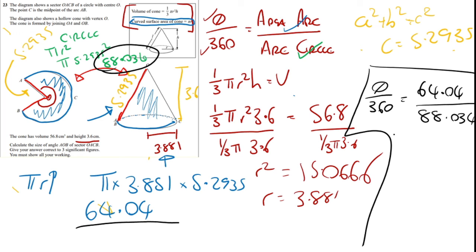So 64.04 divided by 88.034 times 360 gives 261.88 degrees. It says 3 significant figures, so that's 262 degrees. Because there's a lot of calculations here, there was a lot of rounding, so if you got roughly about that answer, you're going to be right.